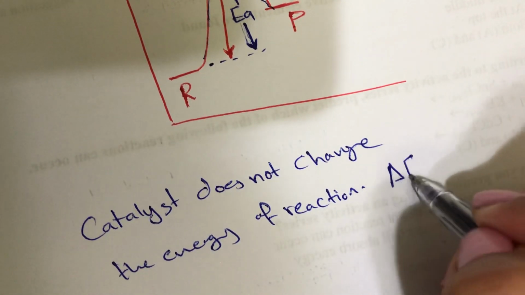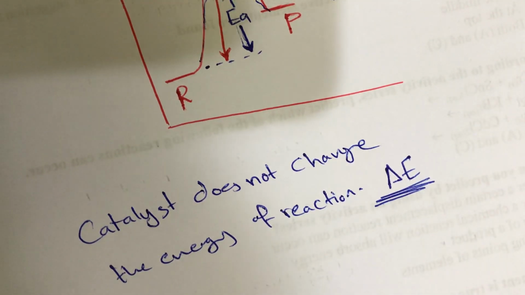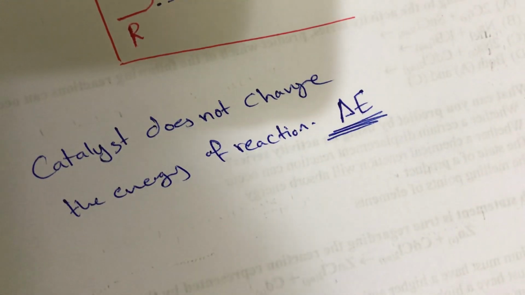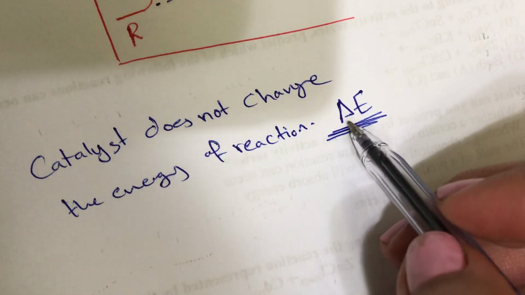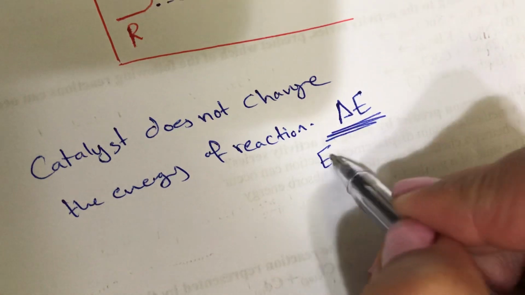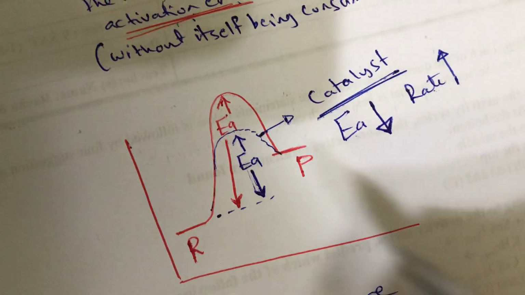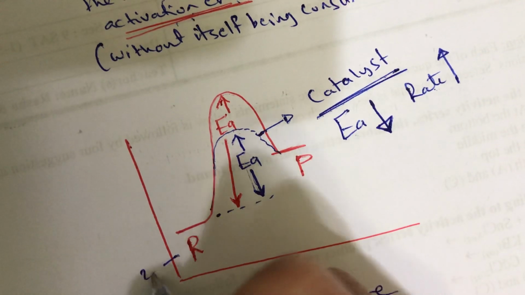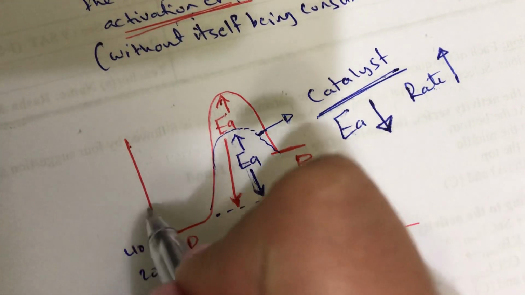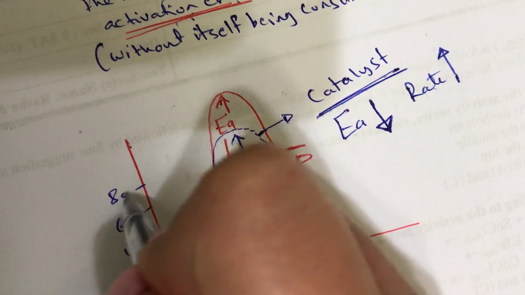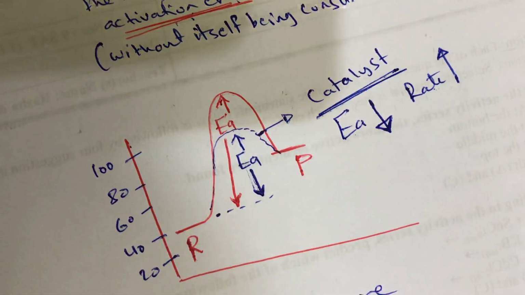Energy of reaction, delta E. As you remember from section 1, the energy of reaction is the energy of the product minus the energy of the reactant. So here, for example, 20, 40, 60, 80, 100, and so on.